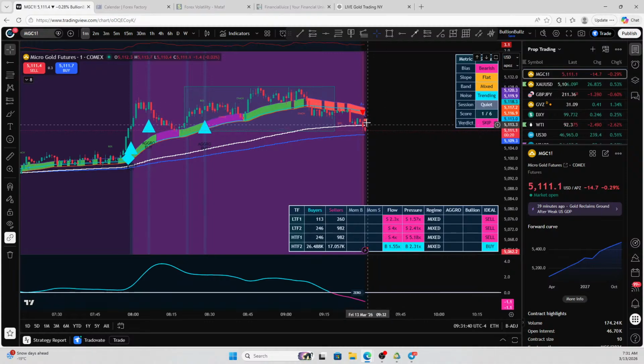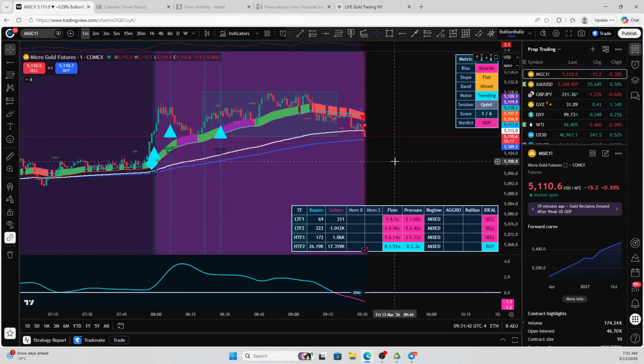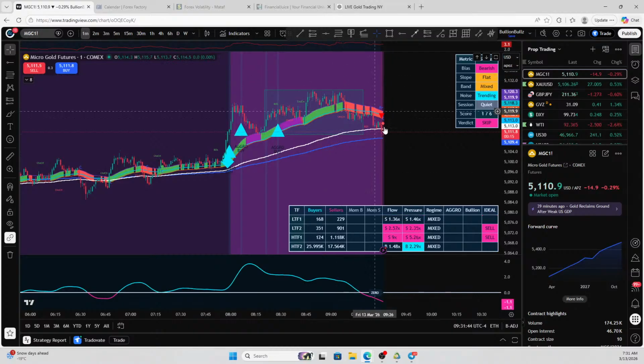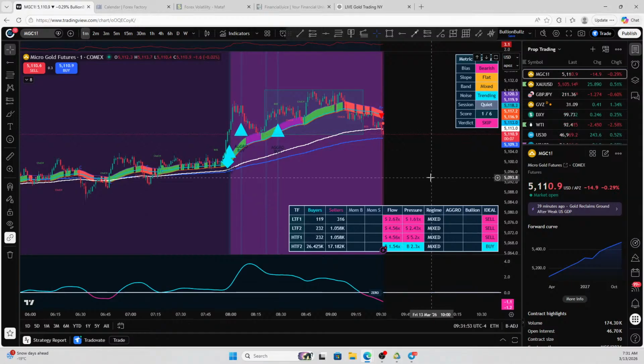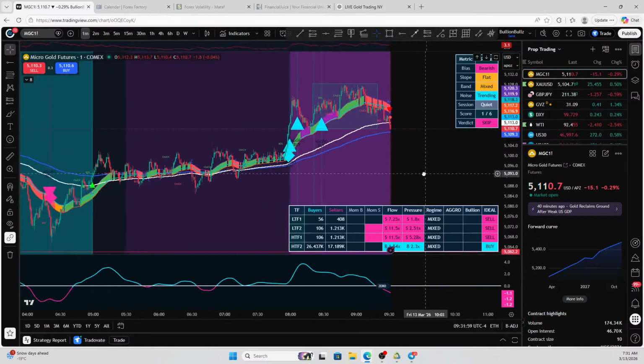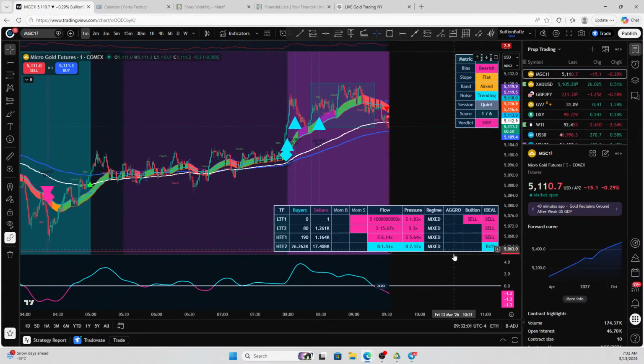So I'm going to be staying clear of taking these setups right now. I'm just going to wait for a setup to form after the news, at least 15 minutes after the news, to take any setups in the market. Like right now, we're just waiting. We're not doing anything, okay, guys.